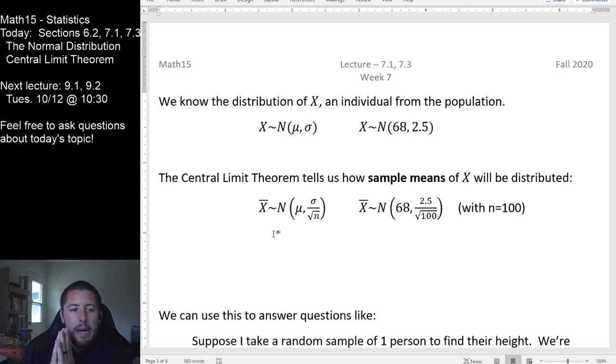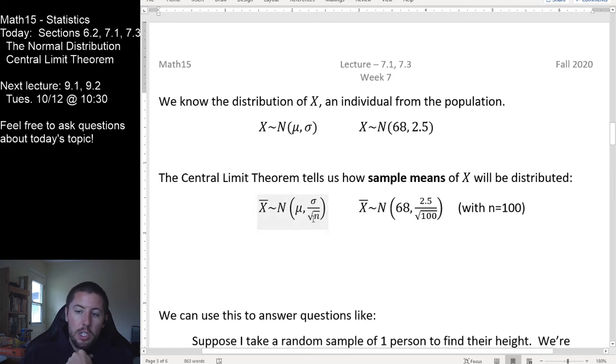Right? So I'm expecting the standard deviation of an average of a group to be much smaller than the standard deviation of just one individual. One individual can be weird. Groups, it's hard for groups to all be weird in the same way. So I'm going to see a smaller standard deviation.